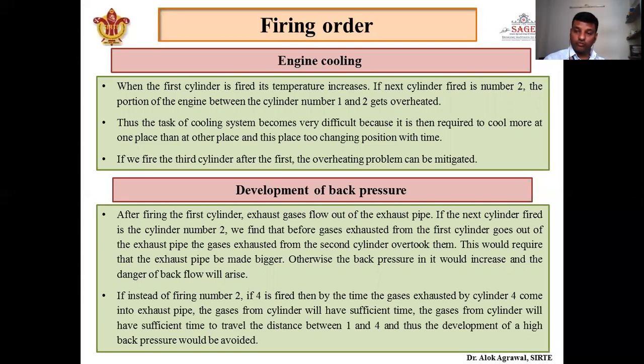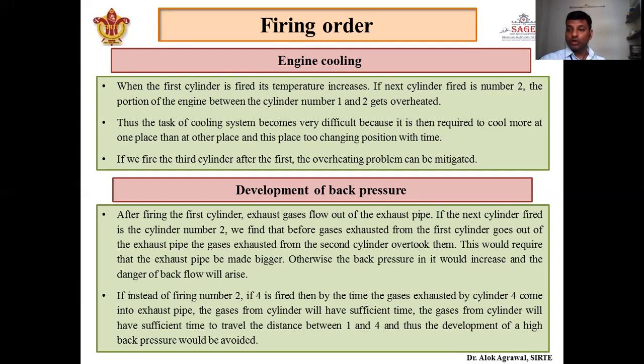So to solve this problem, what do we have to do? We have to increase the size of the exhaust pipe. And if we increase the size of the exhaust pipe, the overall dimension of the engine will increase. Okay. And if we do not increase the size of the exhaust pipe, what will happen? Back pressure will be created, and it will increase very drastically.